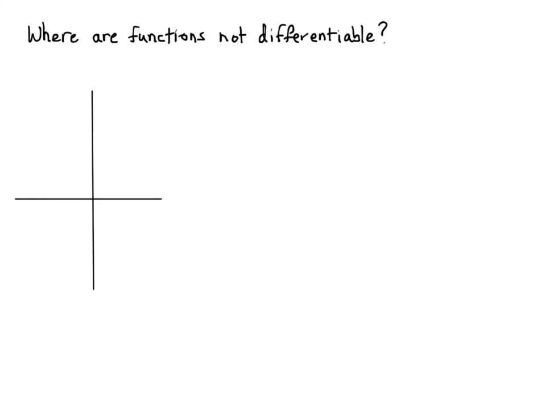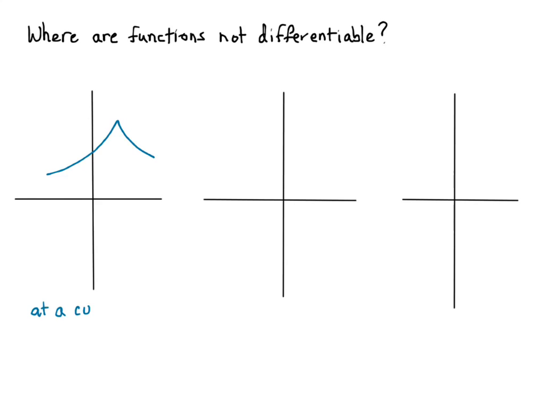So what makes functions not differentiable? There's basically three conditions that we have. The first one is a corner. This is continuous, but it's not differentiable, right? There's no single tangent line that you can put at that point that describes what the tangent is.